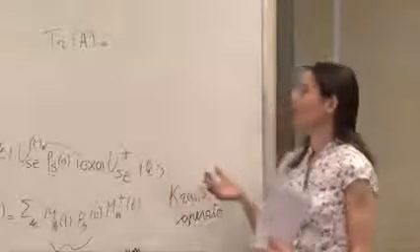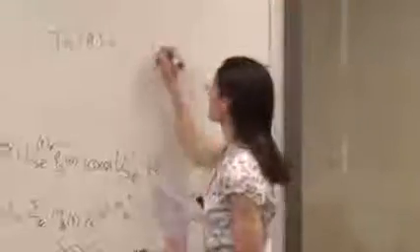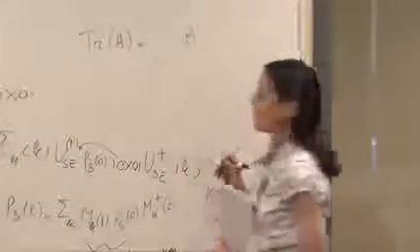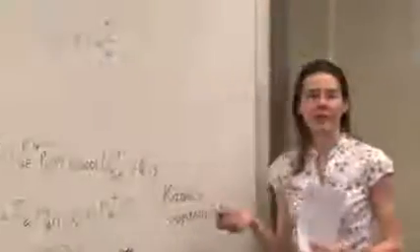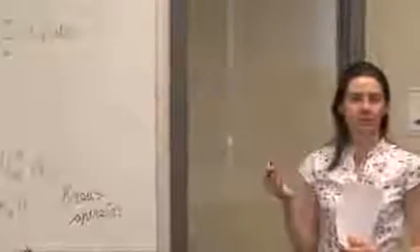In general, what you have to do is to take one basis. Let's call the basis |k⟩, which I wrote down here. Then the trace is going to be the sum over all the basis elements of ⟨k|A|k⟩. These are all the diagonal elements of this operator. So this is just what I wrote down here.